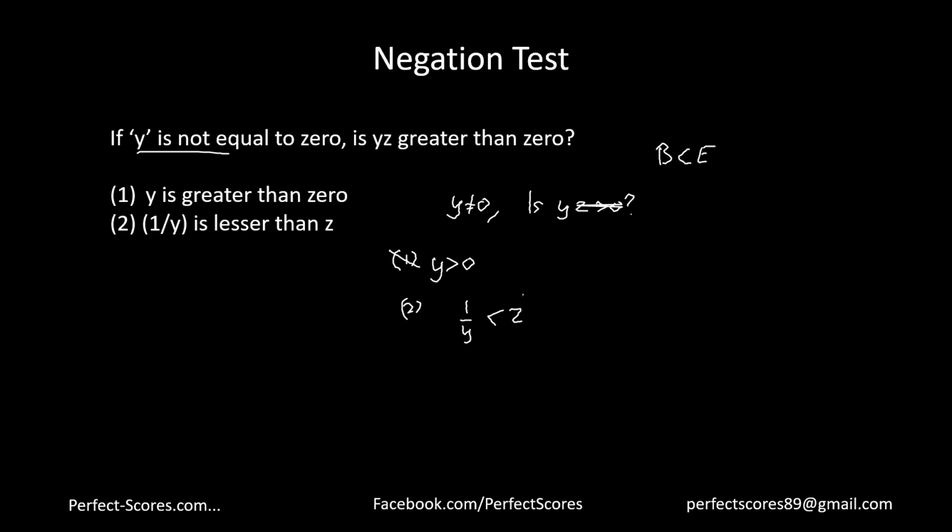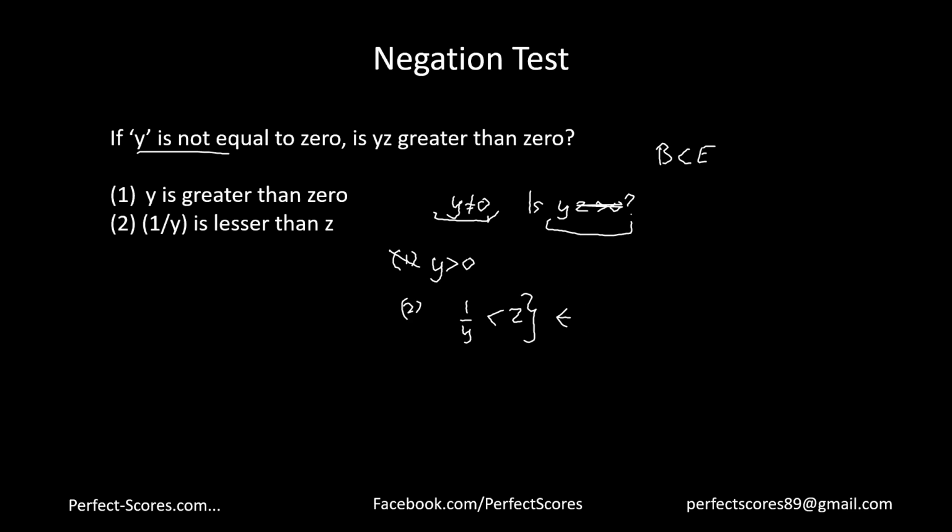You have to use numbers that satisfy the statement and whatever is in the question, and then see whether this gives you different answers or not. Now, you can solve it algebraically as well, but I'm trying to solve it using numbers. So 1 over y is less than z.